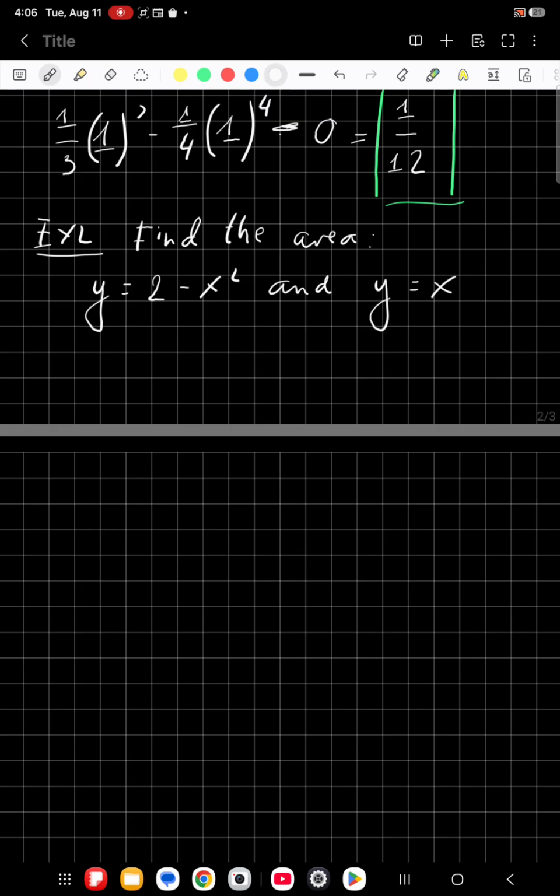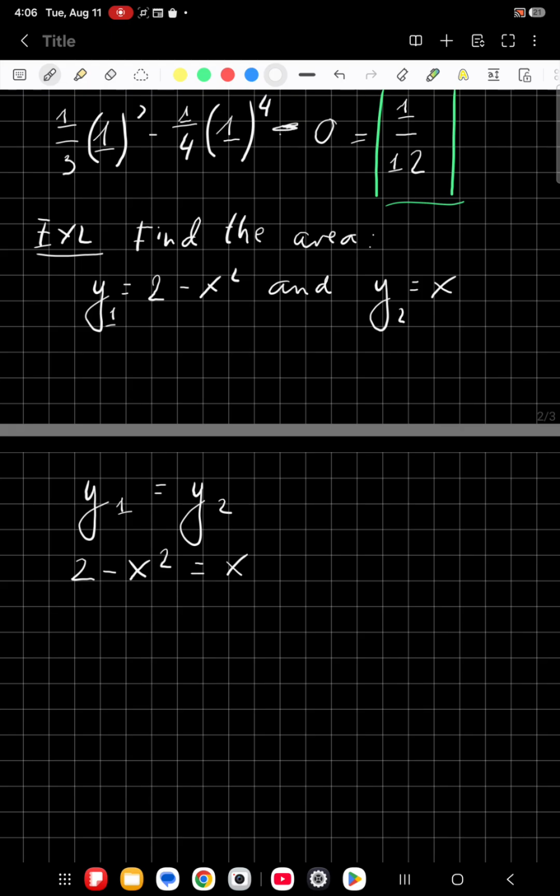What we'll do is, if we call this one y1 and this one y2, we calculate those two points by making y1 equal y2. So here we go: 2 minus x squared equals x, and we need to solve it for x.